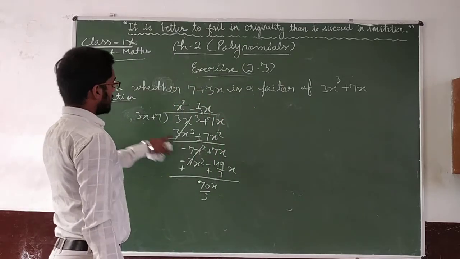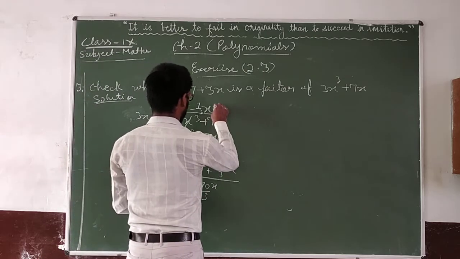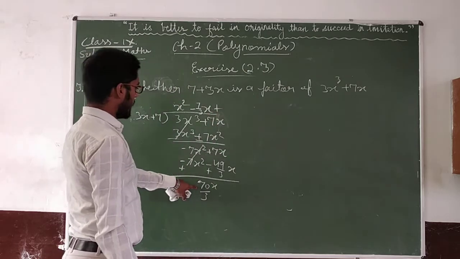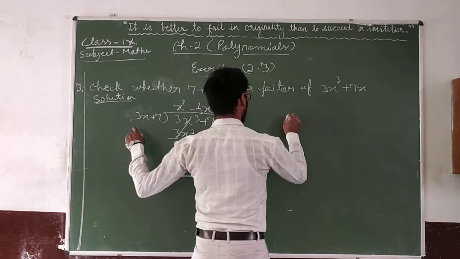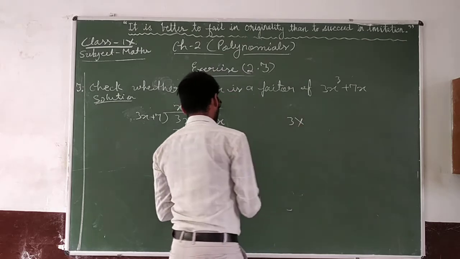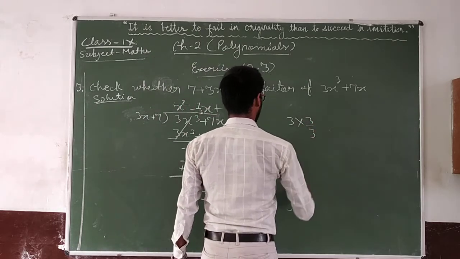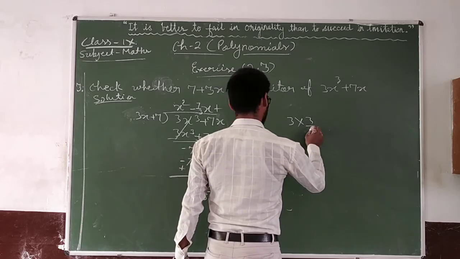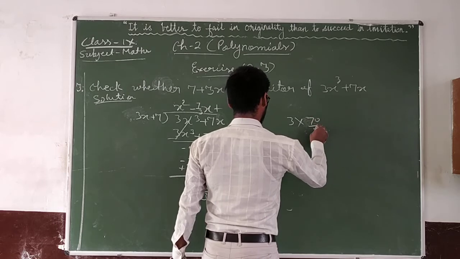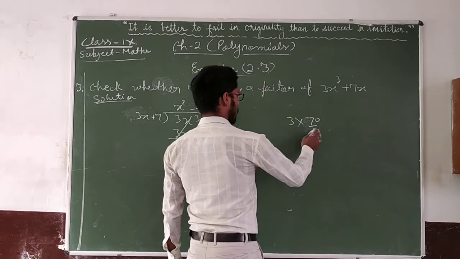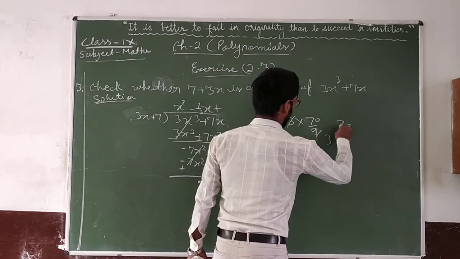Now there is x, you have also x, no? Both are equal. Now here is a plus sign, put the sign here. And to get 70 by 3, what will you do with 3? You can do here 3 by 70. No, 70 by 3. You multiply by 70 upon 9, then you will get 70 by 3.